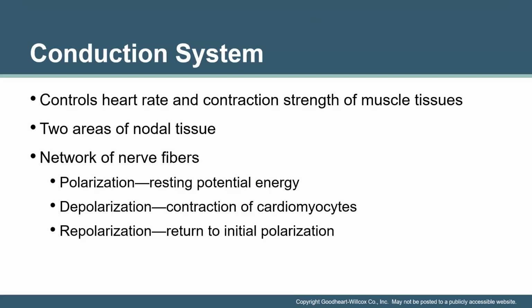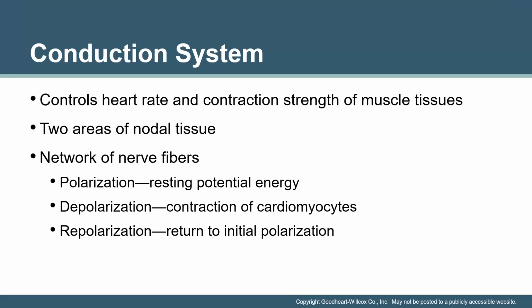There are two areas of nodal tissue and a network of nerve fibers that are responsible for polarization. Remember, we went over this. Anytime something is polarized, you have two opposing ends. Okay, it's resting potential energy. Having polarity allows us to have that potential to do work as the poles neutralize.